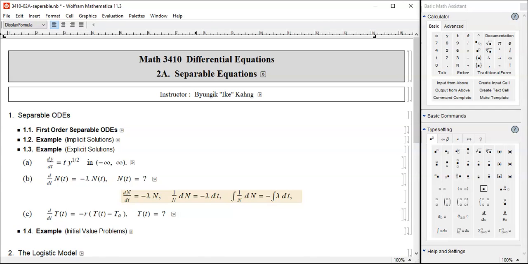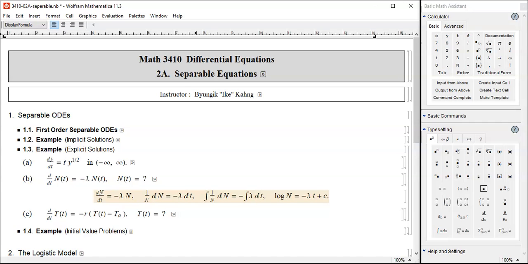Okay, what's the antiderivative of 1 over N? Log of N. And what's the antiderivative of the right-hand side? Negative lambda t, and then we need plus c, integral constant.